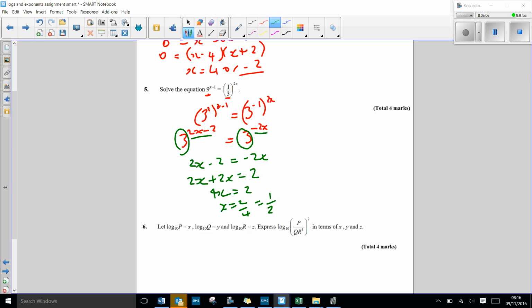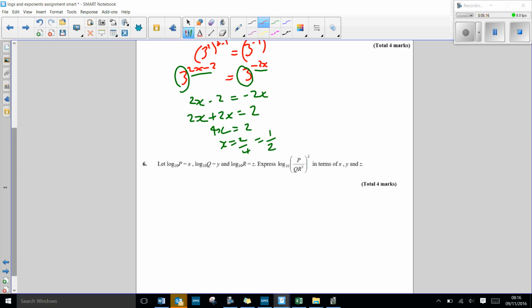Question 6. So log base 10 of this expression here. So we need to separate our terms in this part so we can have them as separate expressions for log base 10.